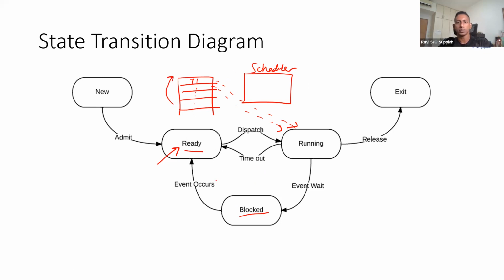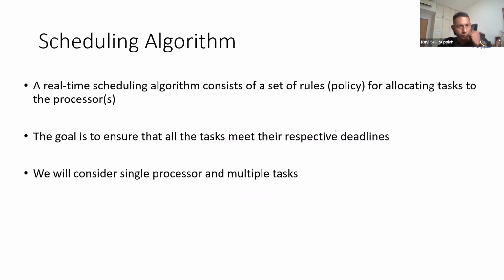This cycle between ready, block, and running goes on indefinitely while your system is running. We have already seen this in the last two lectures, when we looked at the various OS kernel calls and drew the state transition diagram. That gives you a clear idea of what is happening in the back end when you see the output coming out.